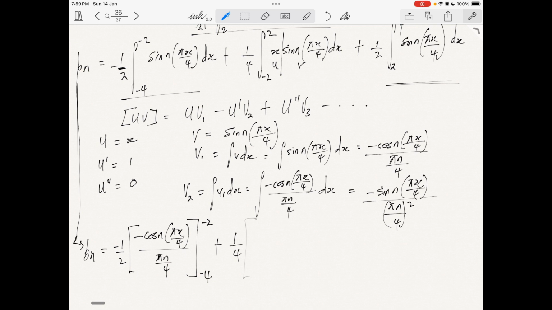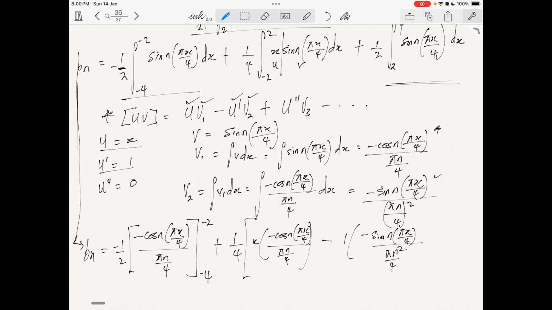Now when we integrate uv, we will follow this formula here, and we start with our u is x, our v1 is this, minus cos n pi x over 4 divided by pi n over 4, minus u prime, which is 1, multiplied by v2, which is this, minus sine n pi x over 4 divided by pi n squared over 4.